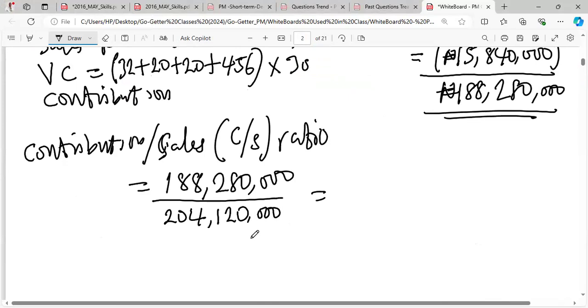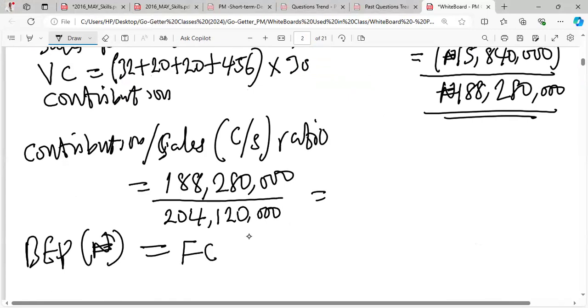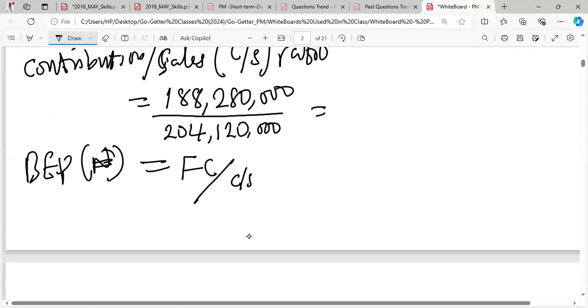I will go now to my break even point in Naira. I'll quote the formula again: fixed cost divided by CS ratio. So my fixed cost, I already know, is 62 million, and we are dividing. Divided by my CS ratio.